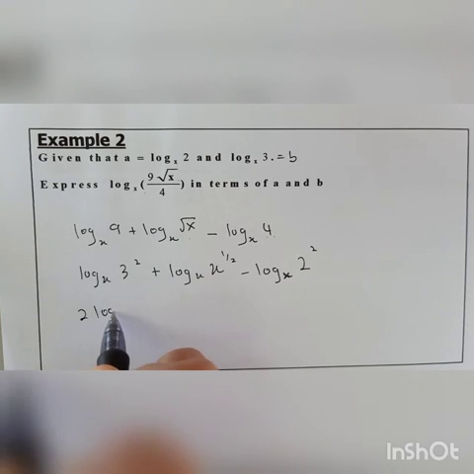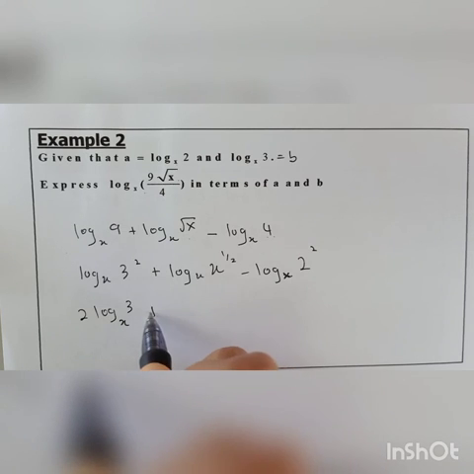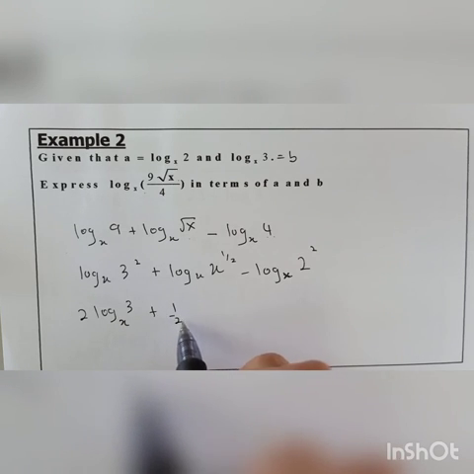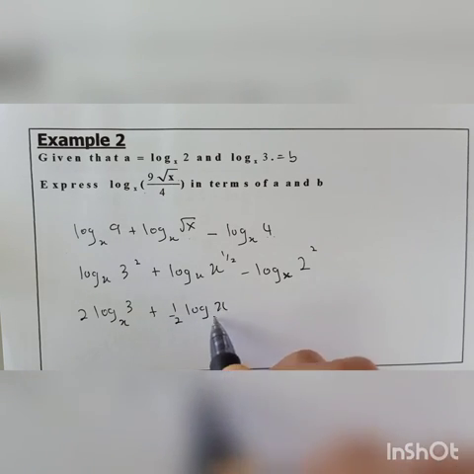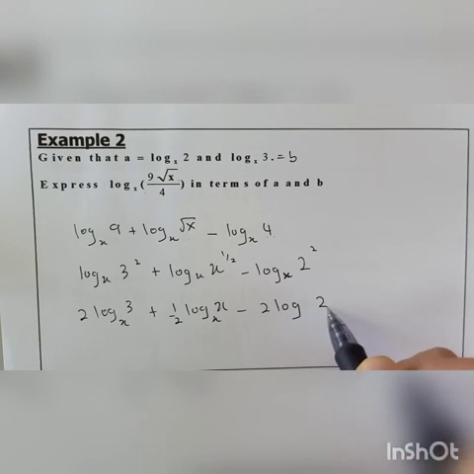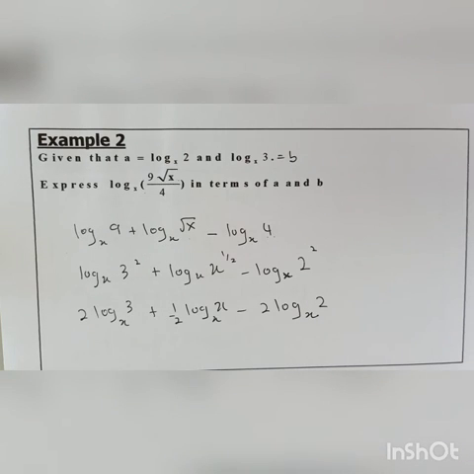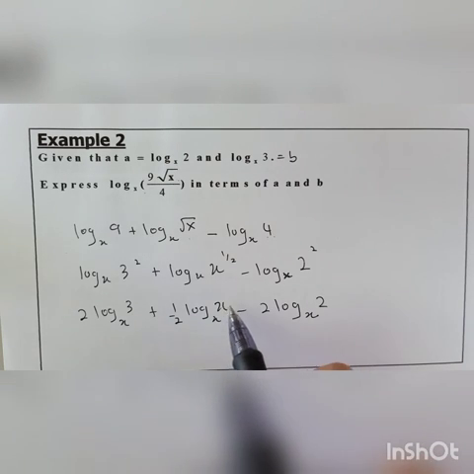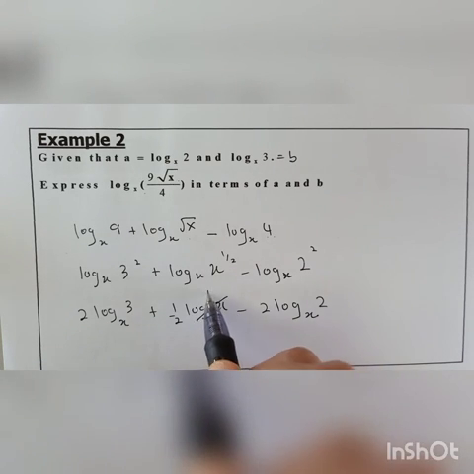So 2 log 3 base x plus half log x base x minus 2 log 2 base x. So log x base x equals 1.